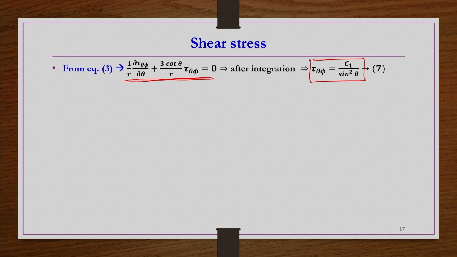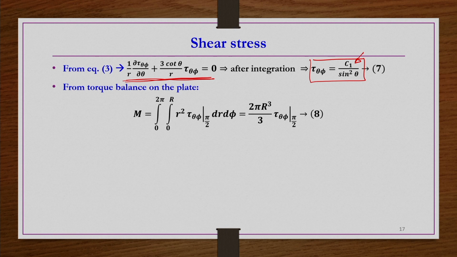Now, this equation can be useful only when you get the C1 information, that we can get from the experiments if you know the torque. From the torque balance, torque M is equal to the integral 0 to 2 pi, 0 to r, r square tau theta phi at pi by 2, that is the location where you are measuring, dr d phi, which gives 2 pi r cube.